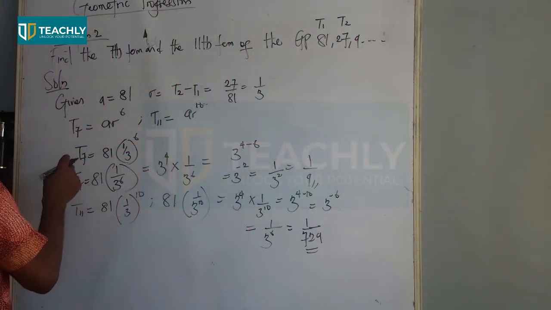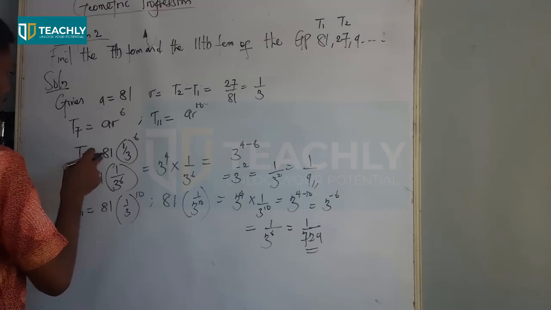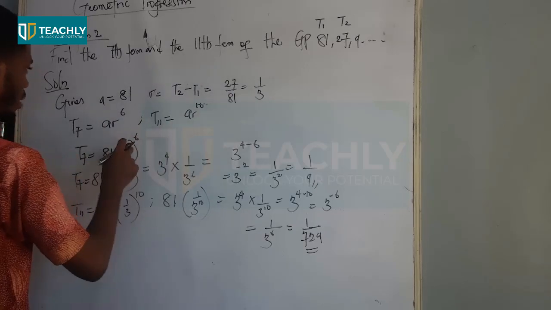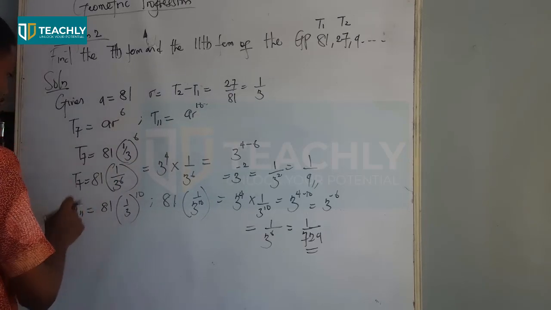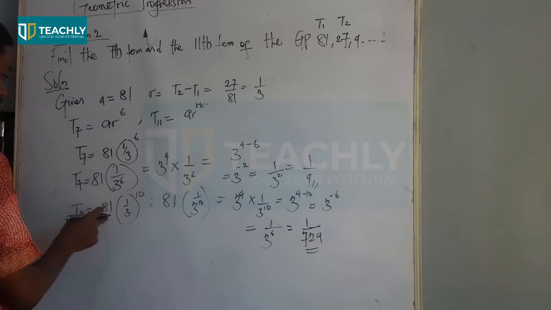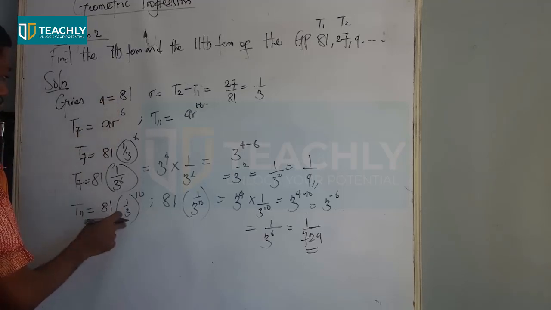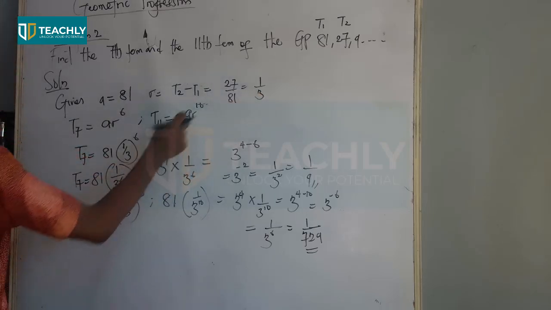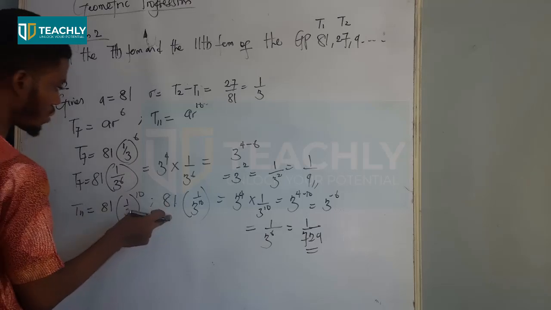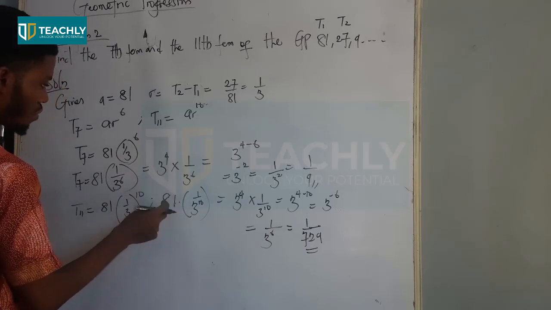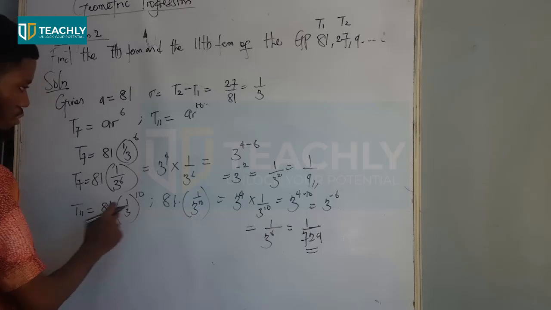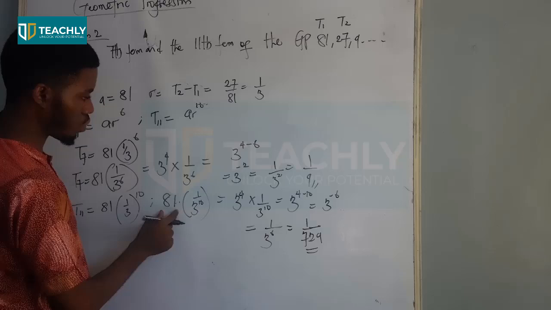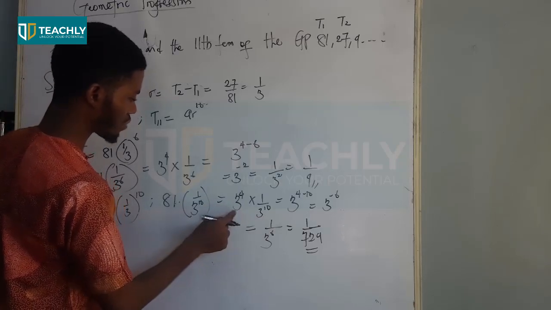So we have T7 is equal to 81, 1 over 3 to the power of 6. For our T11, we have 81 for A, and then our R, which is 1 over 3, to the power of 10. So if we simplify this further, you have 81, and if we simplify this to have the same power as this, we're going to have 3 raised to the power 4.